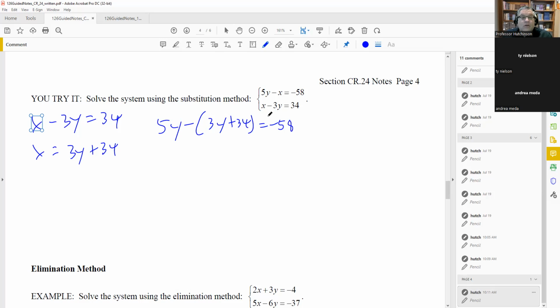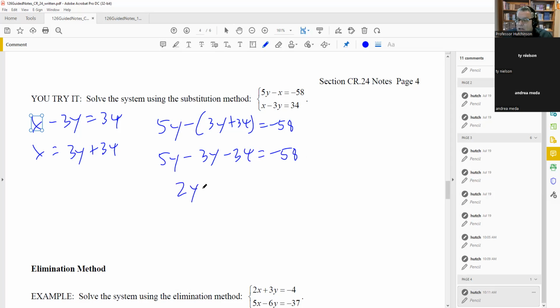So 5y minus (3y plus 34) equals negative 58. The thing you've got to be careful about on this problem is there's a minus sign and you're subtracting the entire expression. So you do need parentheses around the entire thing you're putting in, because the minus sign gets distributed to both things inside. So you'll end up with 5y minus 3y minus 34 equals negative 58.